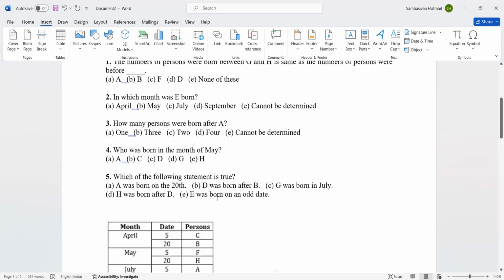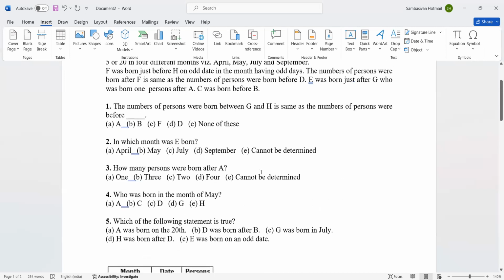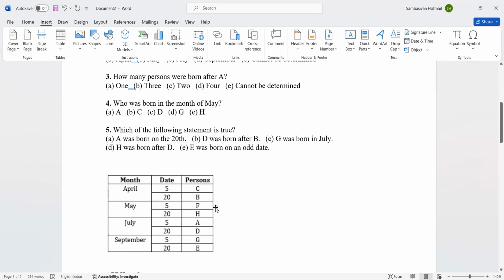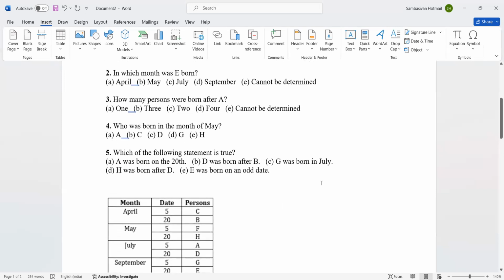Once that condition is fulfilled, then C was born before B. Once you do it like this, all the other conditions will be fulfilled. Now we can find the answer.